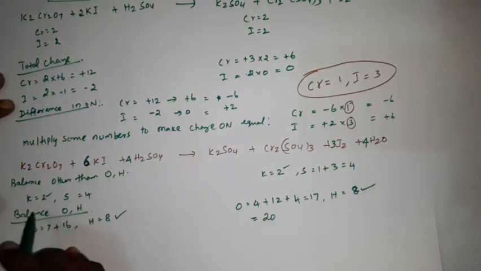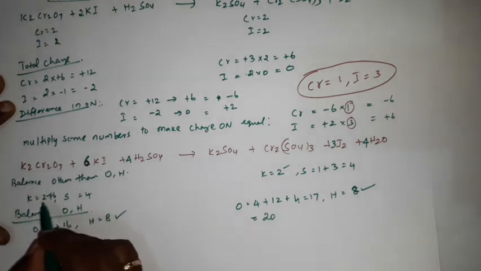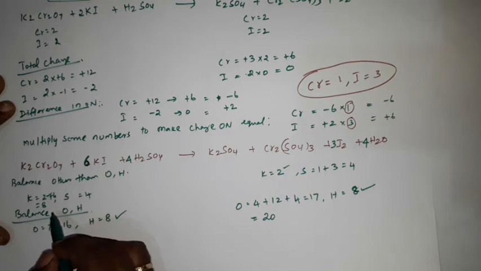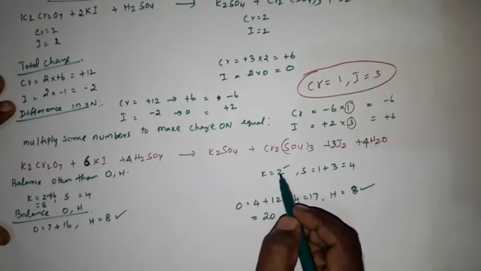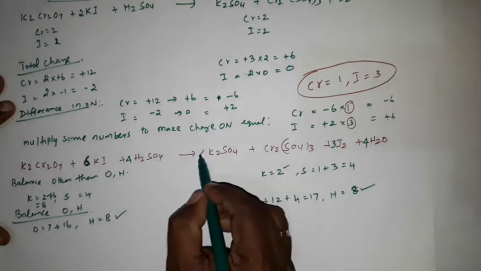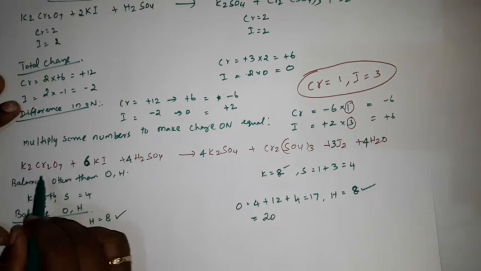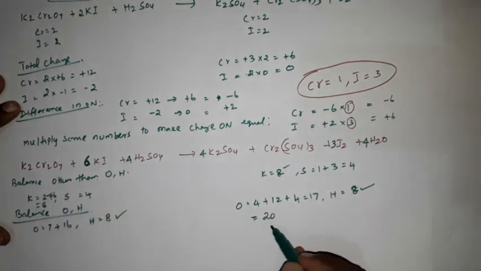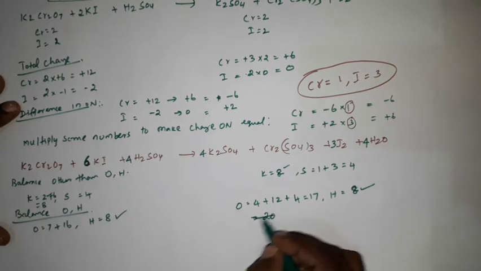Now check here, so one small correction. Here potassium 2, here plus 6. 8 potassium is here, okay? 8 potassium. Then here only 2 potassium. So I am going to add here 4. Now 8 potassium. Now check this one. How much? 4 into 4, 16.